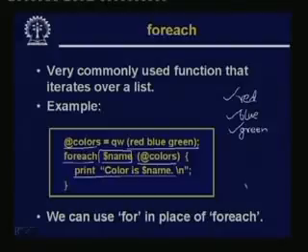Now, the thing to note is that although for and for each have been mentioned as 2 separate constructs or commands, you can use them interchangeably. For you can use here, for each you can use in the previous case, but some of the Perl authors have provided some guidelines that you better use for those kind of application where you are counting the number of iterations, like in conventional for loops.